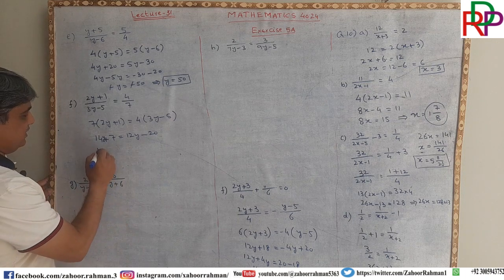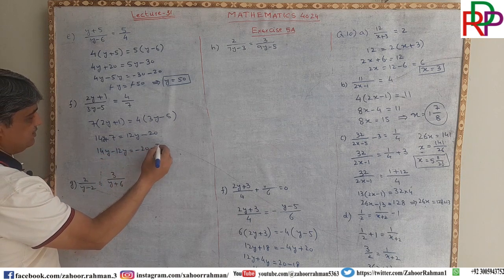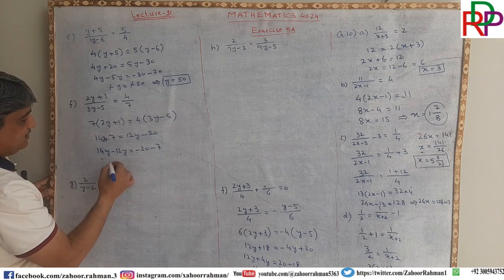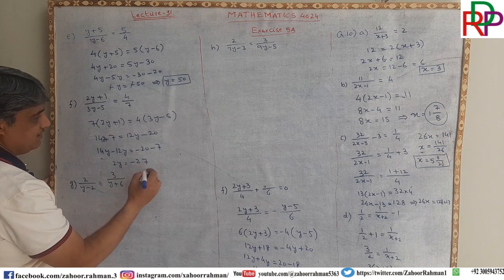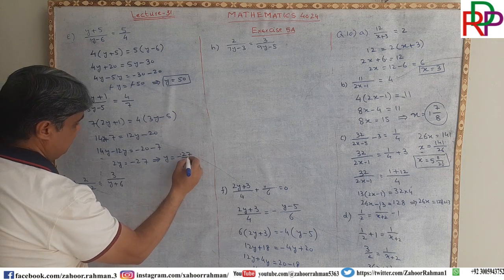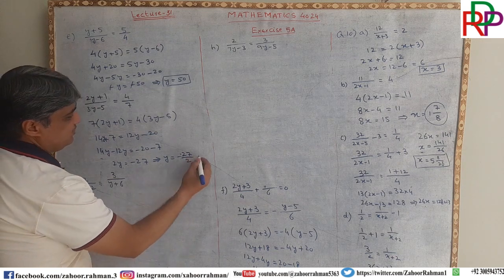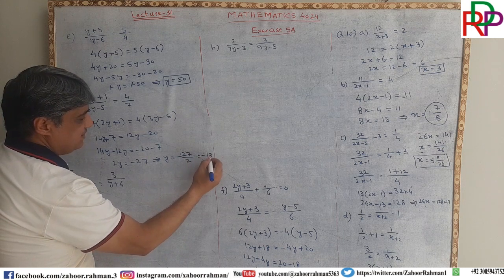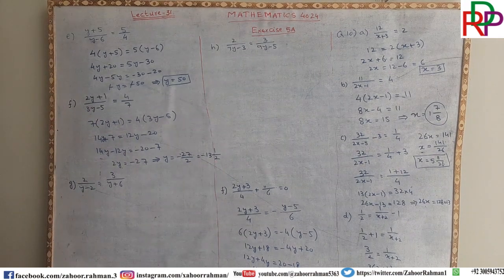So now 14y minus 12y, minus 20 minus 7. So this will give you 2y and this will give you minus 27. So this implies that y is equal to minus 27 divided by 2. And when we divide this 27 by 2, it will give you minus 13 whole 1 over 2. Minus 13 whole 1 over 2 is the value of this.